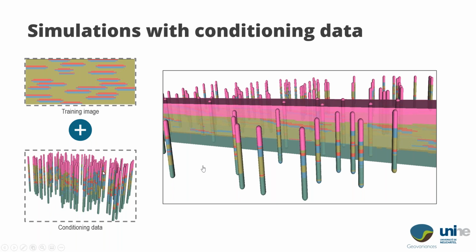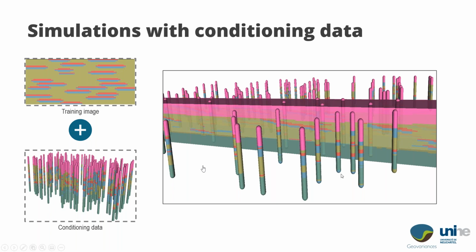And we add some conditioning data from wells, for example, and we can also add some other information like a rotation or something like that to obtain this type of simulation. And like that, we have seen all the different options that we can use and all the different simulations that we can obtain with the direct sampling.